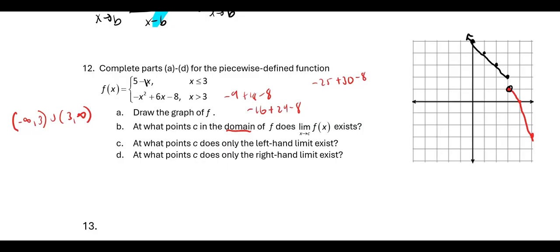At what point C is the left hand limit only? So the limit as x approaches 3 from the left of f of x. At what point C does only the left hand limit exist? Well, since it's the left hand limit, it would be 3. 3 has a left hand limit only.